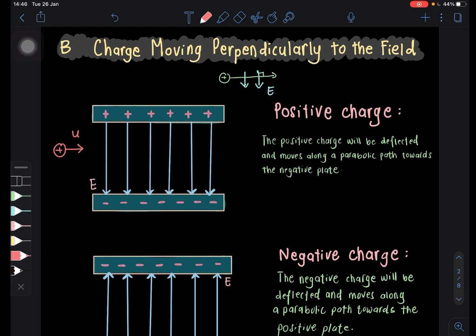As it enters the field, this positive charge will be deflected towards the negative plate, because the positive will be attracted to the negative charge. So it will be deflected along a parabolic path. So dia akan deflected dekat sini, and then there's a final velocity here. This is what we call a parabolic path. So it will move along a parabolic path towards the negative plate.